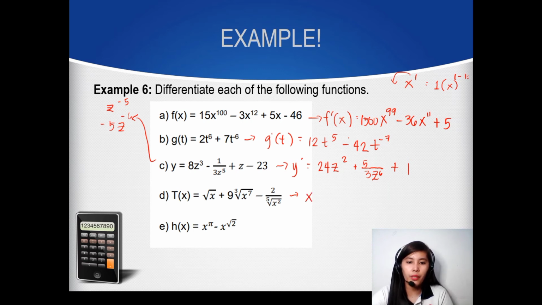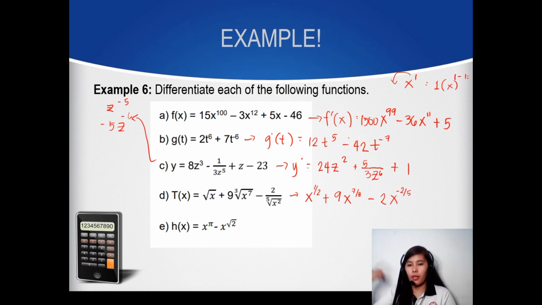So square root of x, that is x raised to 1/2, plus 9 x raised to 7, then cube root, so this will be 9x raised to 7 over 3. Then this will be minus 2 x raised to negative 2 over 5, because we put the x raised to 2, or x squared, in the numerator.